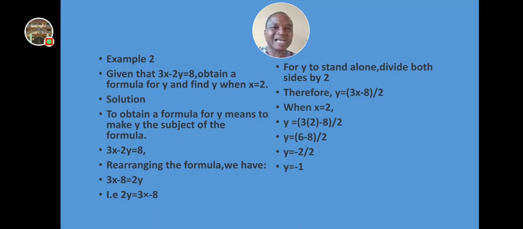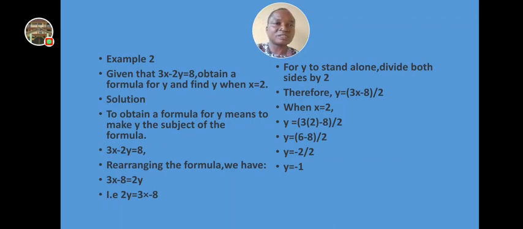That is, I want to take my y to my left hand side. So I have 2y equal to 3x minus 8. For y to stand alone, divide both sides by 2, which is the coefficient of y there. Therefore, y is equal to (3x minus 8) over 2. That is the final answer for that. I've just changed the subject of the formula.